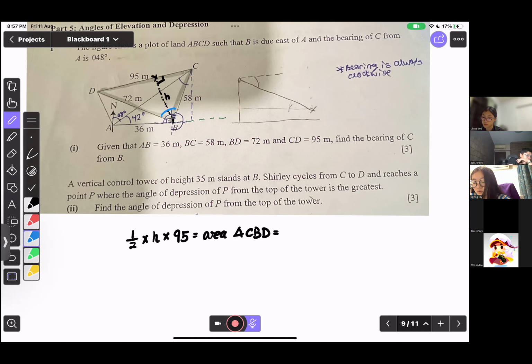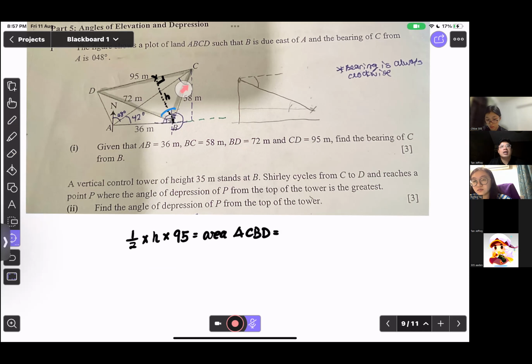Let me check. I found ACB, ABC, CAB. Okay, in this triangle, do you have any of the angles? Do you have CDB?